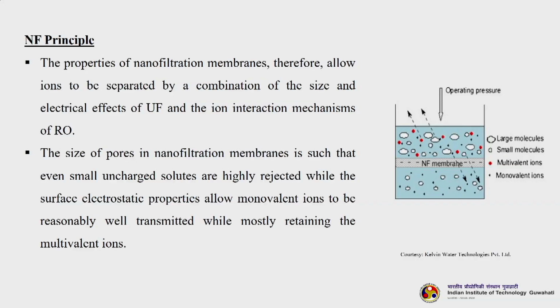The size of pores in a nanofiltration membrane is such that even small uncharged solutes are highly rejected, while the surface electrostatic properties allow monovalent ions to be reasonably well transmitted, while mostly retaining the multivalent ions.